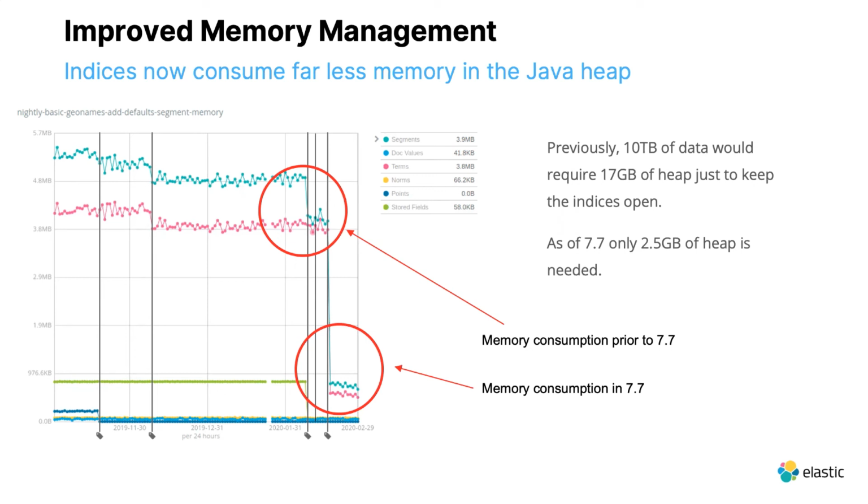A couple of things that we've done is we're always making the data structures more efficient. But also there's been a long-running effort in Elasticsearch to move more of the data structures out of the heap and onto directly memory mapped storage, which means that the heap can stay free for transient Java objects, but the bigger data structures can be memory mapped by the operating system into the buffer cache, sometimes called the page cache.